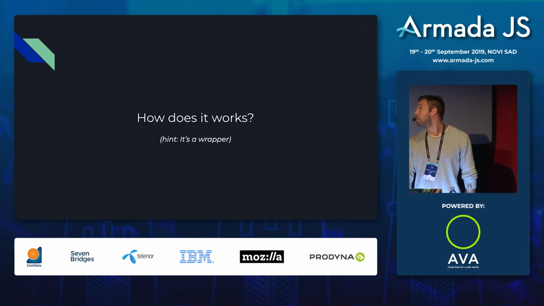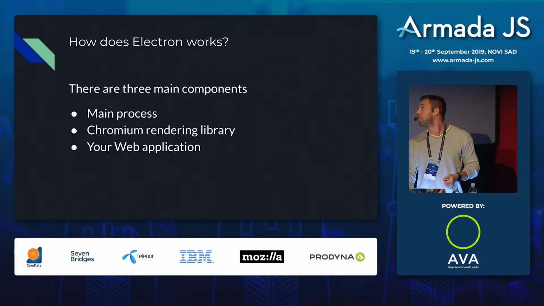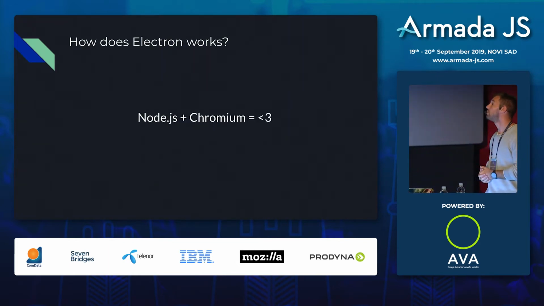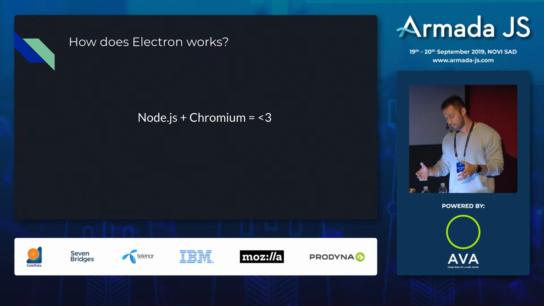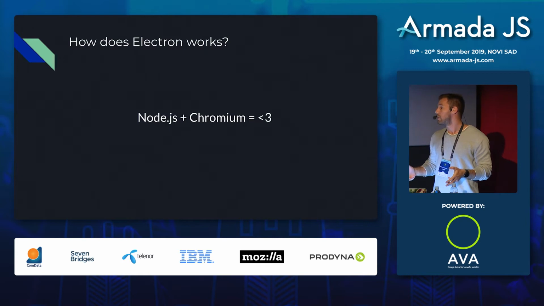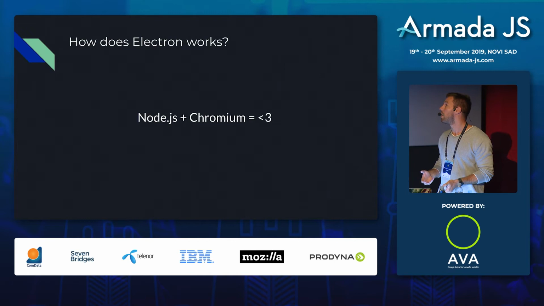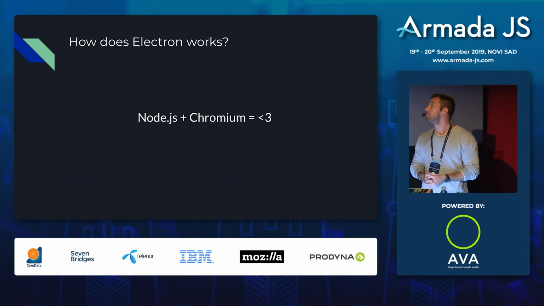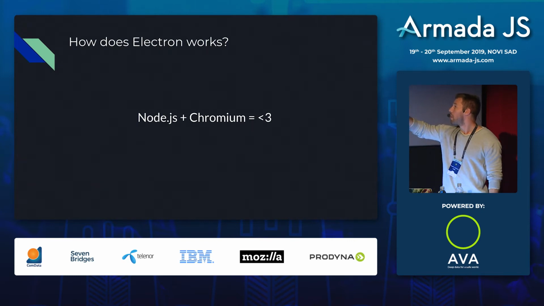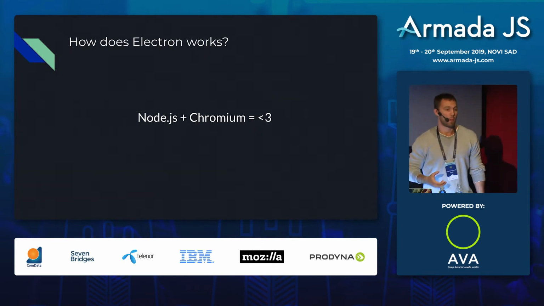And now we came to the part to explain how Electron works, and the hint is it's just a wrapper. Electron is basically just a wrapper. It wraps your web application into a process and allows you to run it as a desktop application. That's done via a combination of two technologies, Node.js and the Chromium rendering engine.